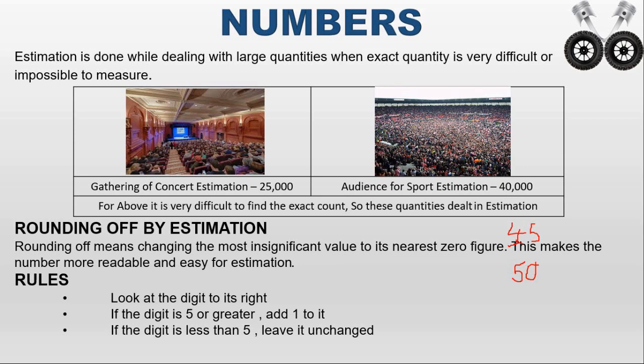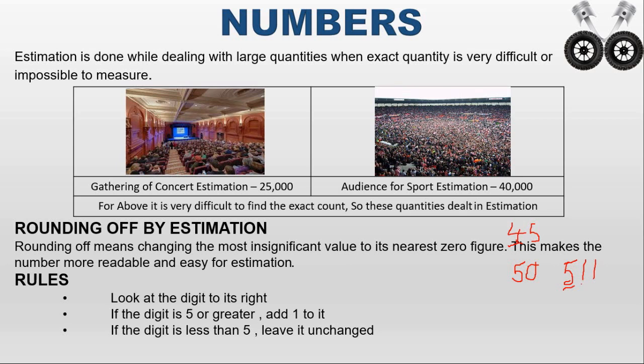For example, if the number is 511, they ask you to round off to the nearest 100. Where is the 100 position? Ones, tens, 100. So we have to round this number. What is the first rule? You have to look at the right side number.